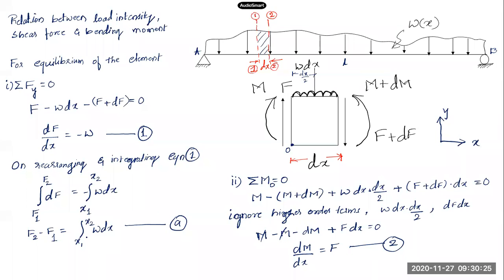And also we came to know the difference in the shear force between any 2 points, 1 and 2. Say this is x1 distance and this is x2. The change in the shear force between the two sections 1 and 2 is nothing but the area under the load diagram.